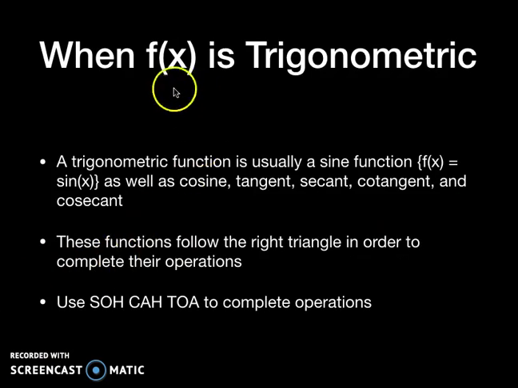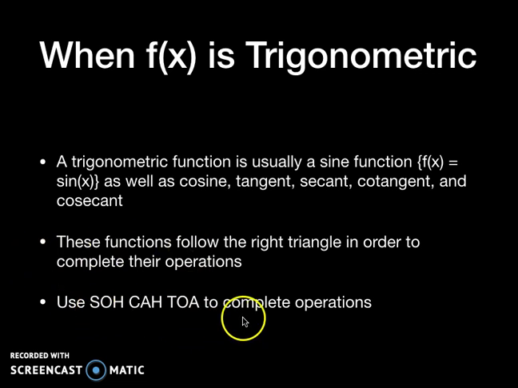Okay, so when f of x is trigonometric, a trigonometric function is usually a sine function: f of x equals sine x, as well as cosine, tangent, and the rest of these. But we don't think we'll have to get into these yet. These functions follow the right triangle, looking at the hypotenuse, adjacent, and opposite.